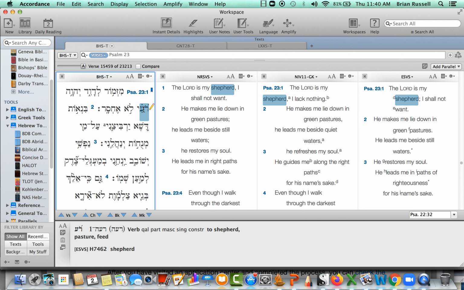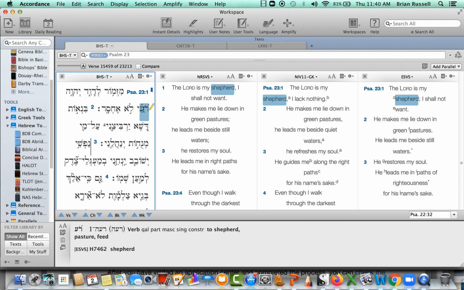Now, the qal part's easy. The qal is either an action or a state. And this is the action of shepherding, right? And so that's a fientive qal. And then for the participle, you want to go to 3.4.3 under participles.